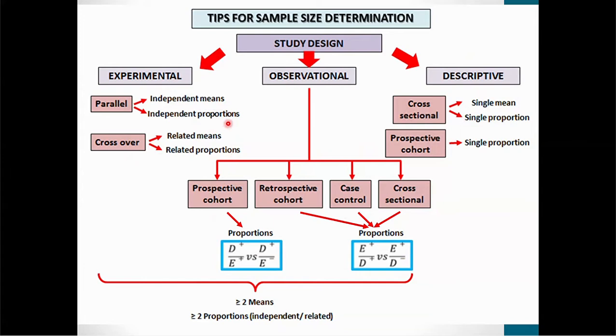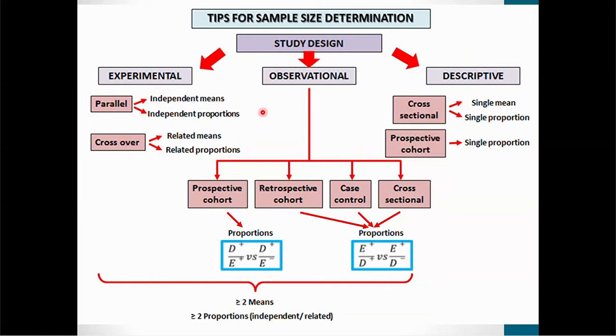All right. So far, okay? Before we go to the sample size, there are three things that you need to know. One is study design, which you have learned already. Then the mean, which you have learned already, and the third one is proportion. What kind of mean?